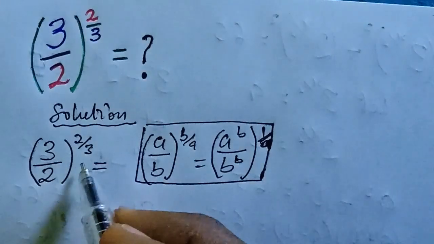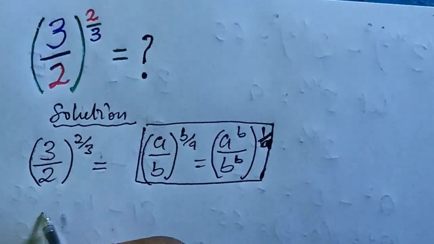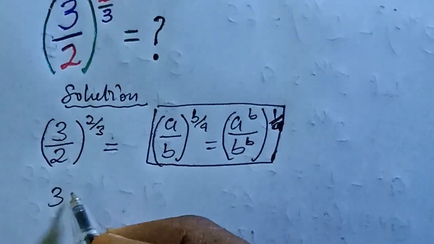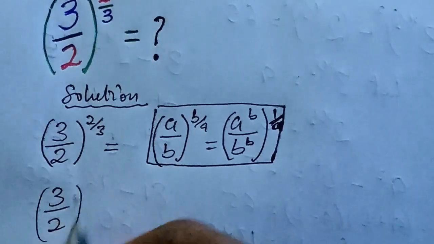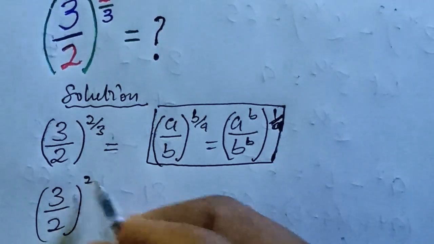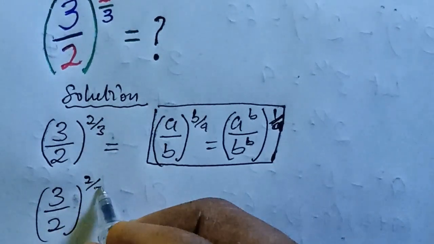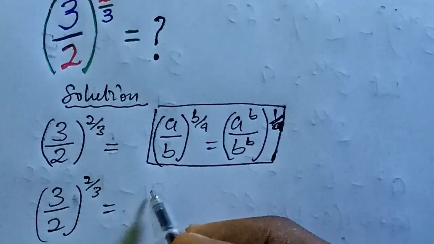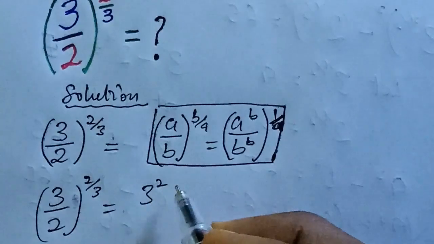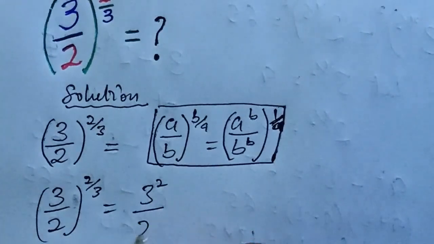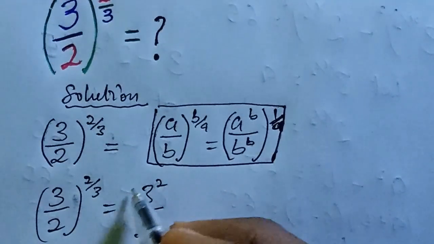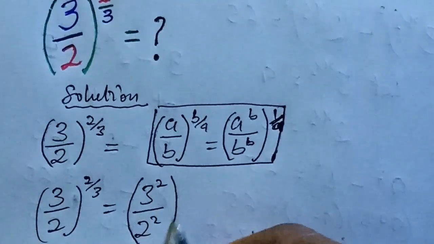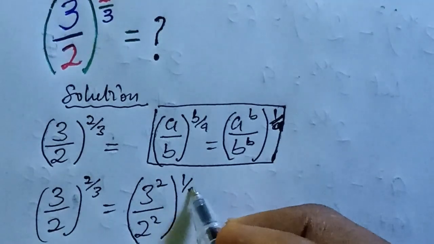Now this gives us 3 over 2 in brackets, with 2 raised to power 2 over 3 written as 3 power 2 over 2 power 2 in brackets raised to power 1 over 3.